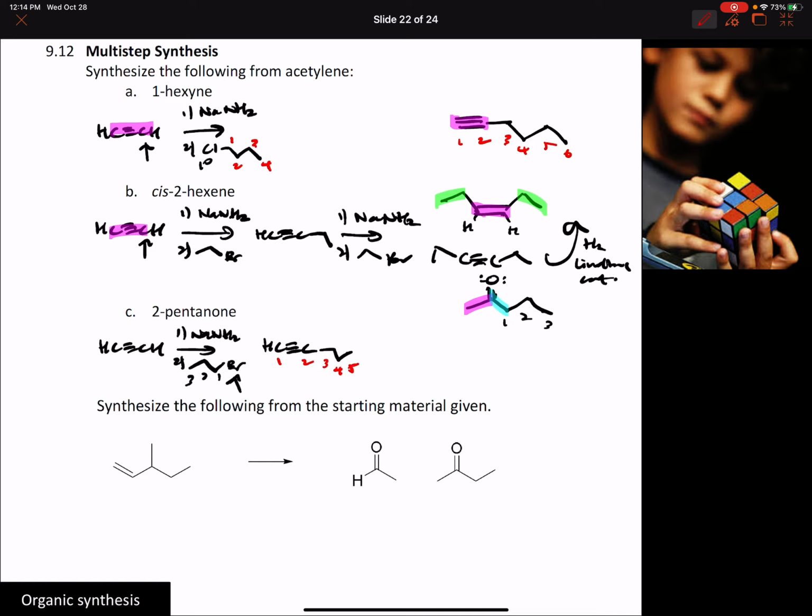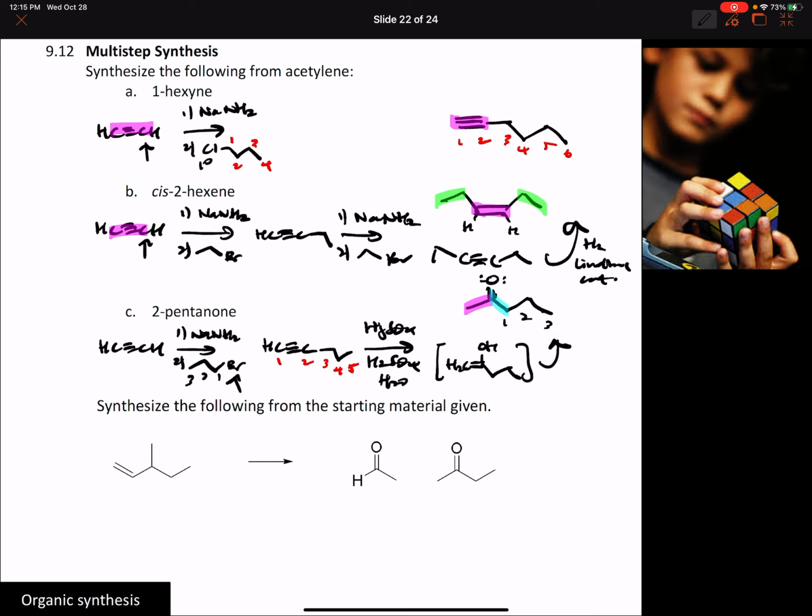That's good. And how do I make ketones from terminal alkynes? Mercuric sulfate, sulfuric acid, and water gives me the Markovnikov enol, which tautomerizes to give me the ketone.